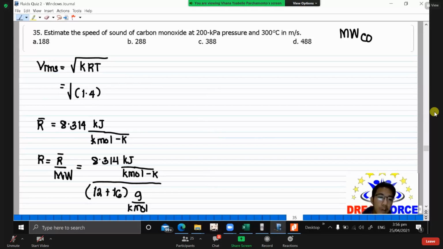Since naka-kilomole to, pwede ko siyang gawing kilomole, basta gawin mong kilogram para mag-cancel. Okay, so anong natirang unit natin? We have 8.314 kilojoules per kilogram Kelvin. Ay, sorry, hindi ko pala na-divide.